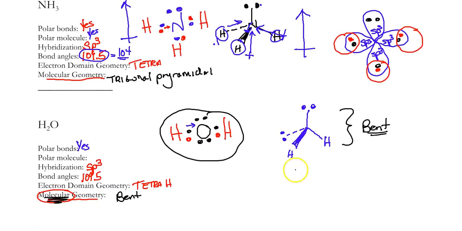You have to understand the three-dimensionality. So how would this come out to be? Well, if your eyes, here's an eyeball, looked straight down these two lone pairs, and I know it's hard to imagine that, you can see that way.